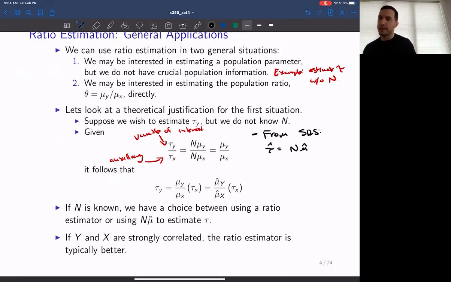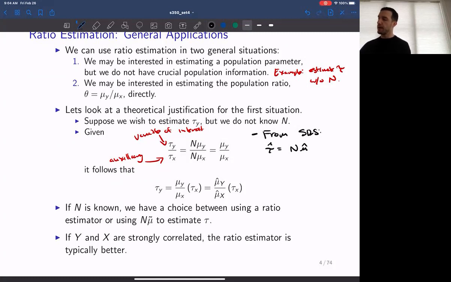Now, if we are missing capital N, of course, estimating tau is going to be very difficult. Ratio estimation provides us with a way to estimate tau without having capital N. And again, this would be the first scenario in which we would be interested in using this approach. We can show through some fairly simple derivations why this is true.